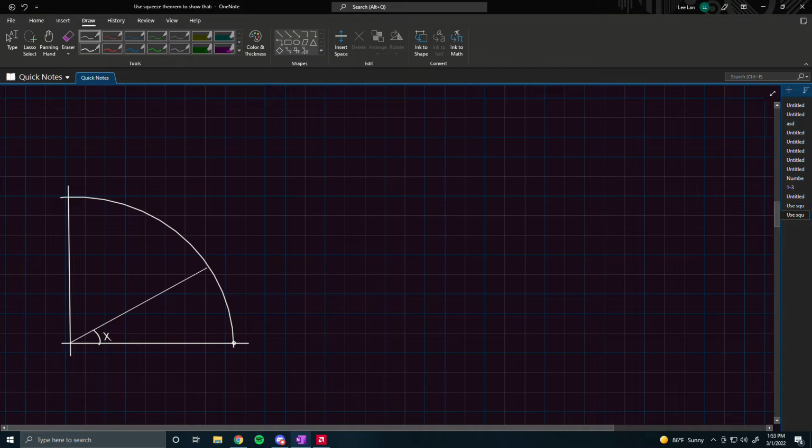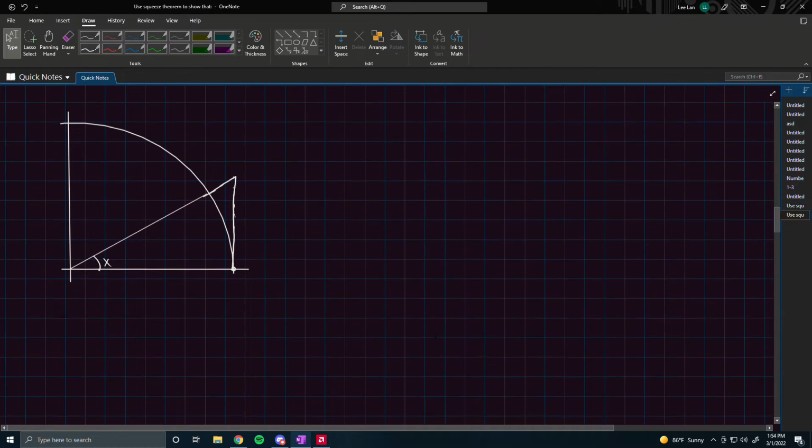I'm going to plot a point here and then extend it out like this, something like this. Now we have an even larger triangle, right? Let me draw this triangle in a different place.